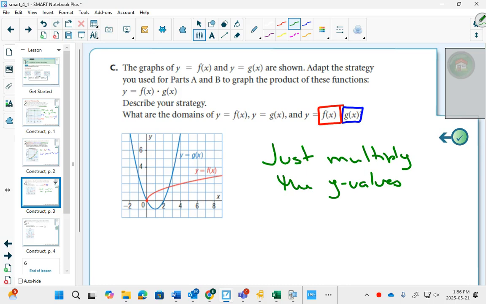Now, interestingly, when you have two graphs, some things are easier to multiply than others. So I will pick some not good points to choose, and then we'll discuss what might be better points to choose.